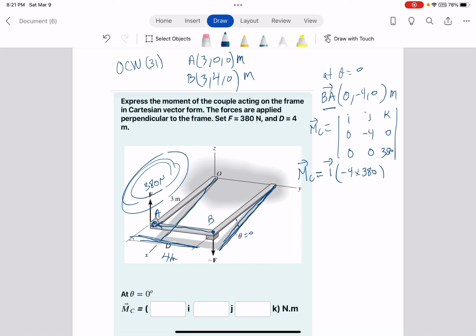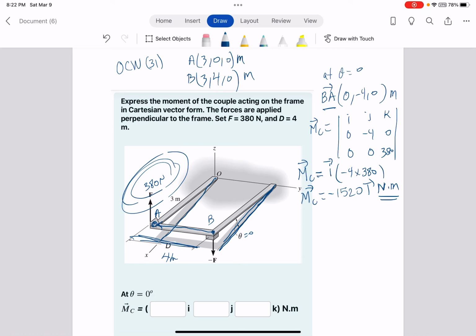So there's only one couple moment, in the I. 380 times 4 is minus 1,520 I. The force is in Newton and the distance is in meter, so the unit for this moment is Newton meter.